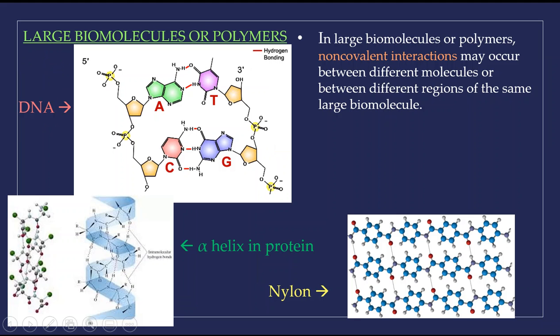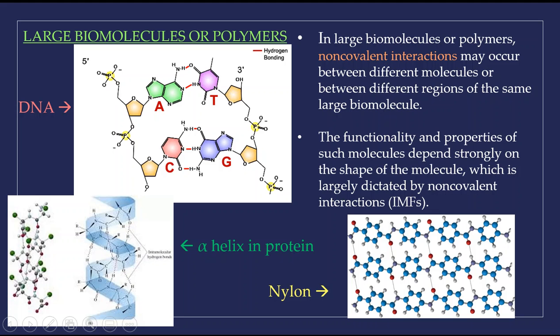All right, so one other thing they touch on in this particular set of topics is large biomolecules or polymers. And we will briefly touch on them too when we talk about IMFs, because it also falls under that category. In large biomolecules or polymers, non-covalent interactions may occur between different molecules or between different regions of the same large biomolecule.